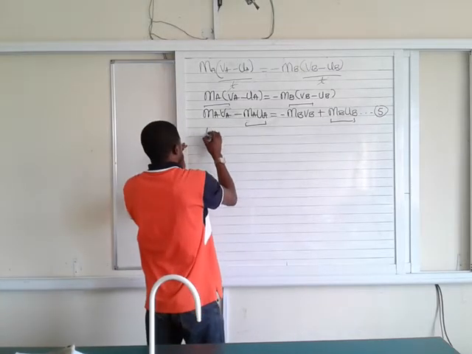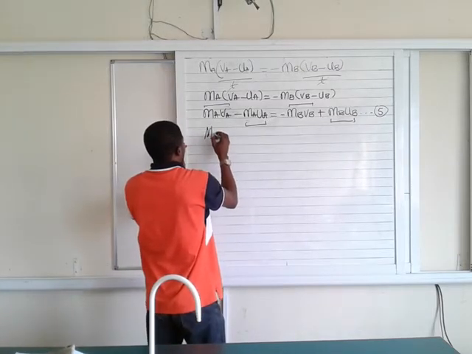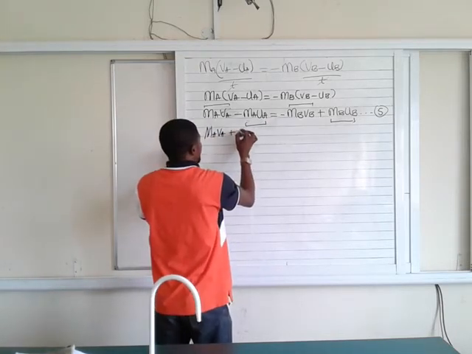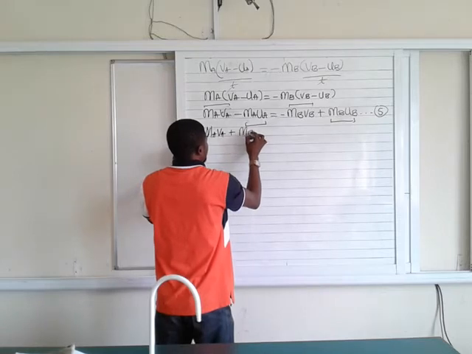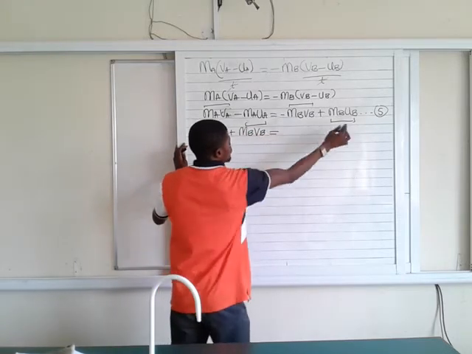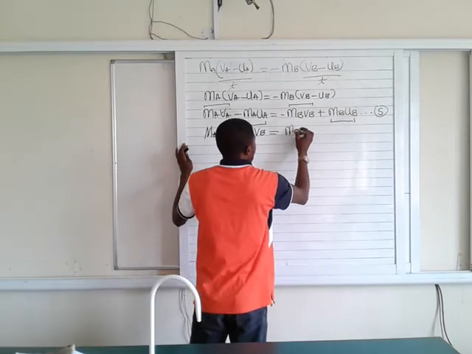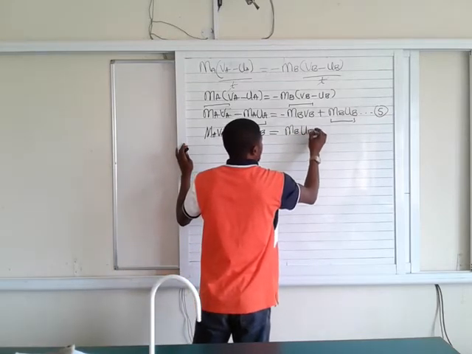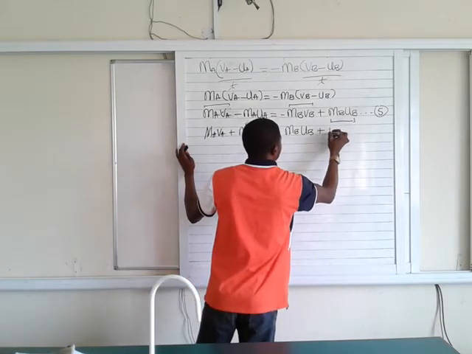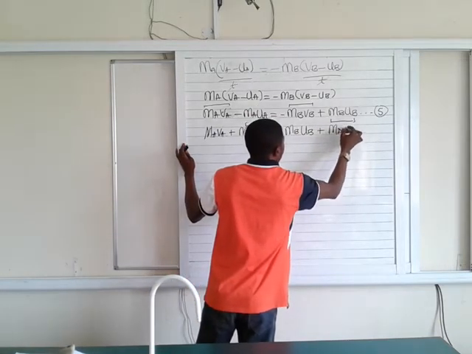So we have MAVA plus MBVB is equals to MBUB plus MAUA.